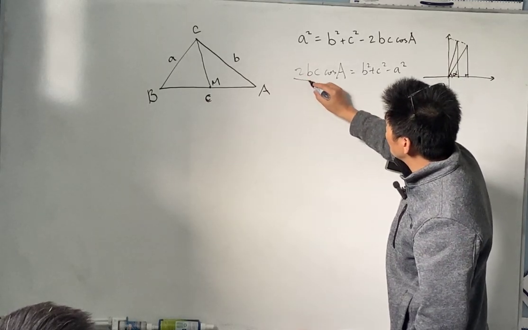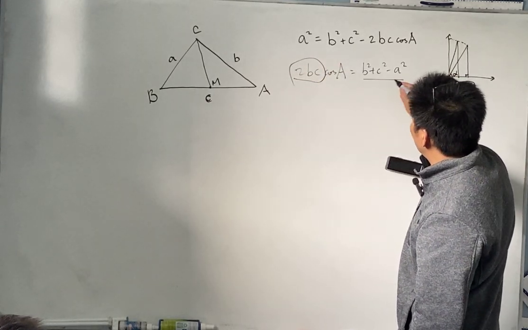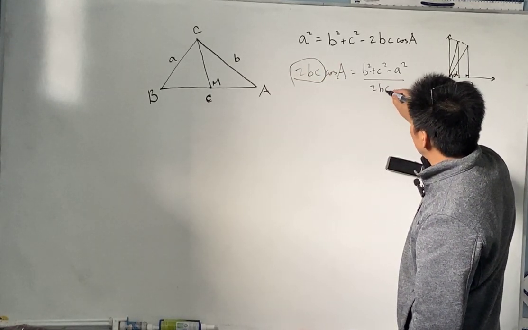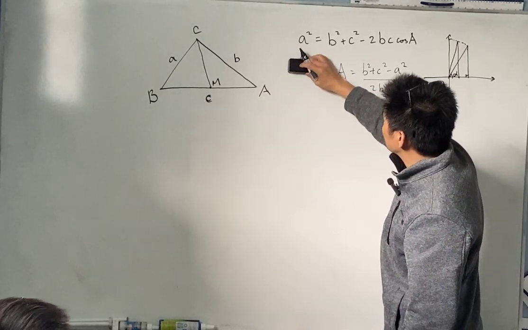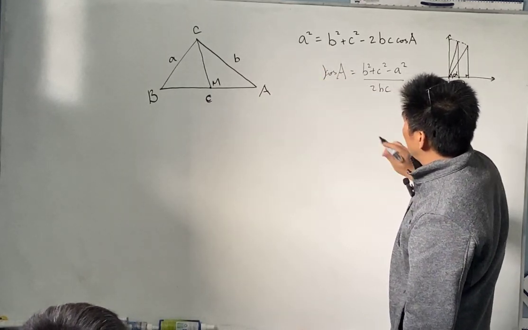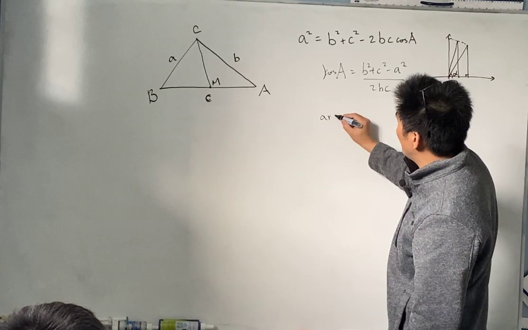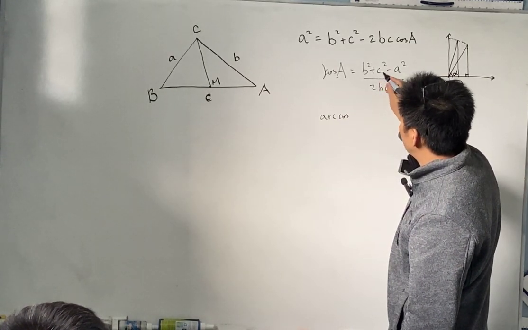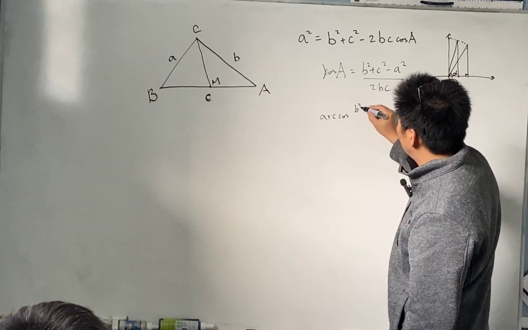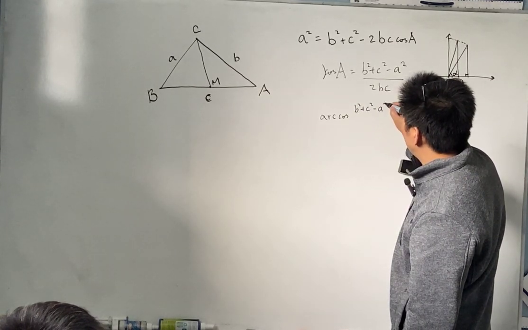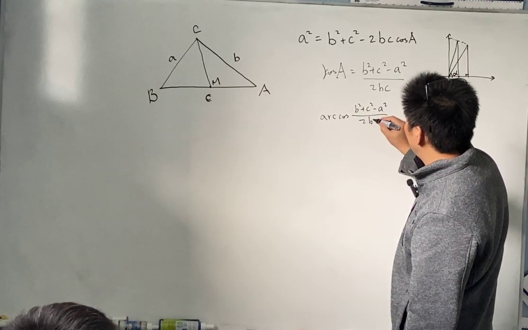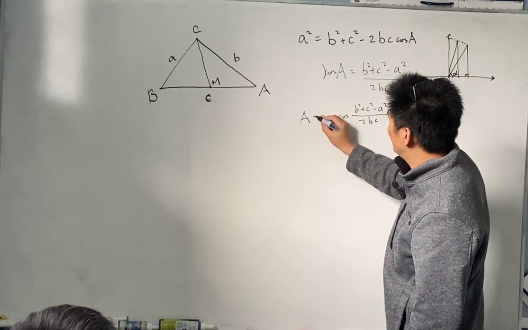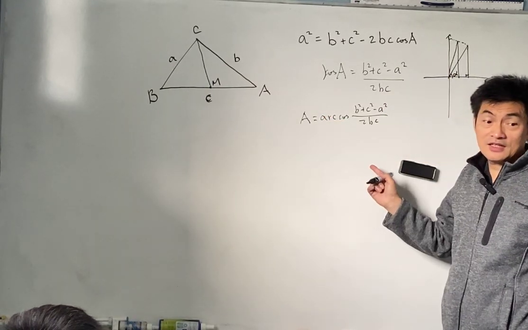Then you divide both sides by 2bc, or we can actually say arccos of this thing, and that's the angle.